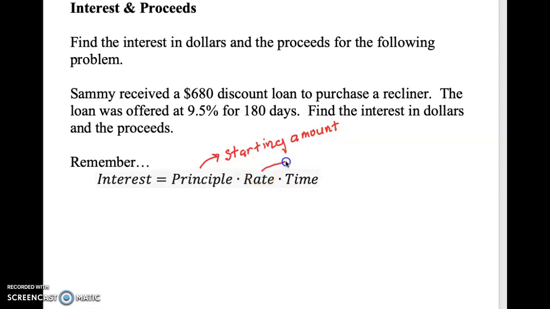Your rate is usually listed as a percent, but it needs to be converted to a decimal. So you're given a rate like, let's say 15%. You would have to convert that to a decimal and make it 0.15. And we'll talk a little bit more about that in a moment. And then the time is years.